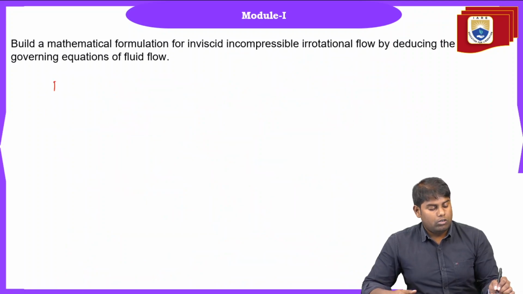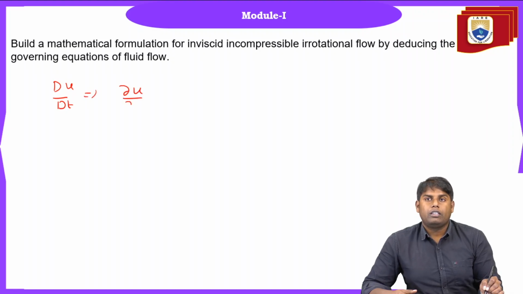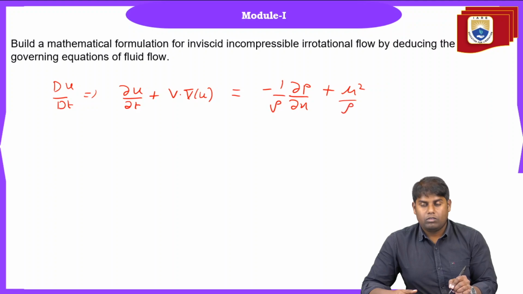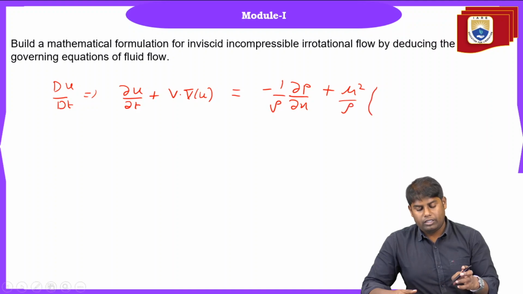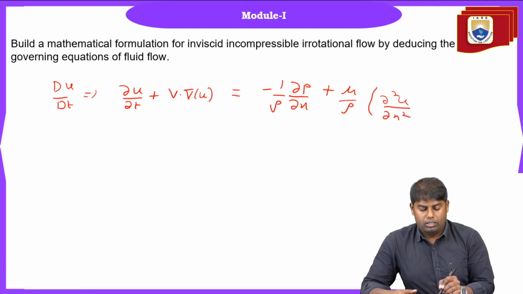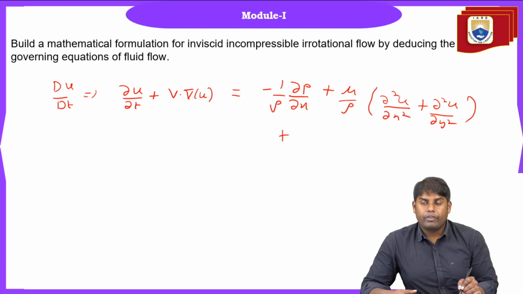Now du by dt, which is dou u by dou t plus v dot del of u, is equal to minus 1 by rho dou p by dou x plus mu by rho times dou square u by dou x square plus dou square u by dou y square, plus, if you consider the body force term, g x.